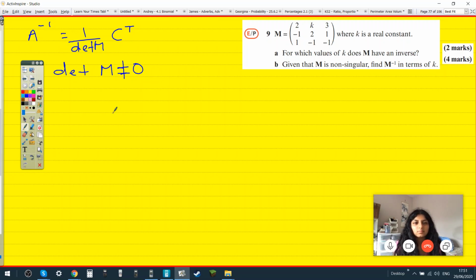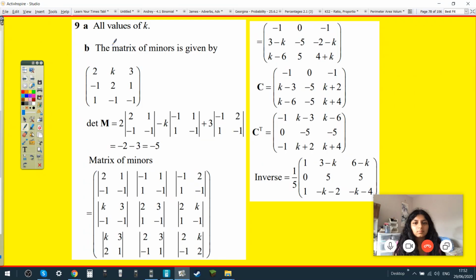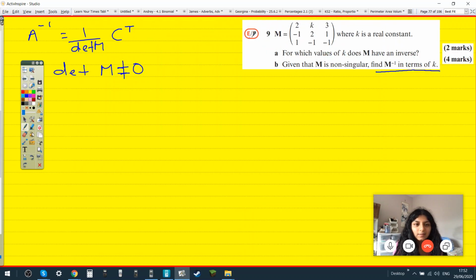So if we did the inverse for this whole thing, the whole cofactors, find M inverse in terms of k. So then they just ask you to find the inverse anyway. All values of k. Okay.